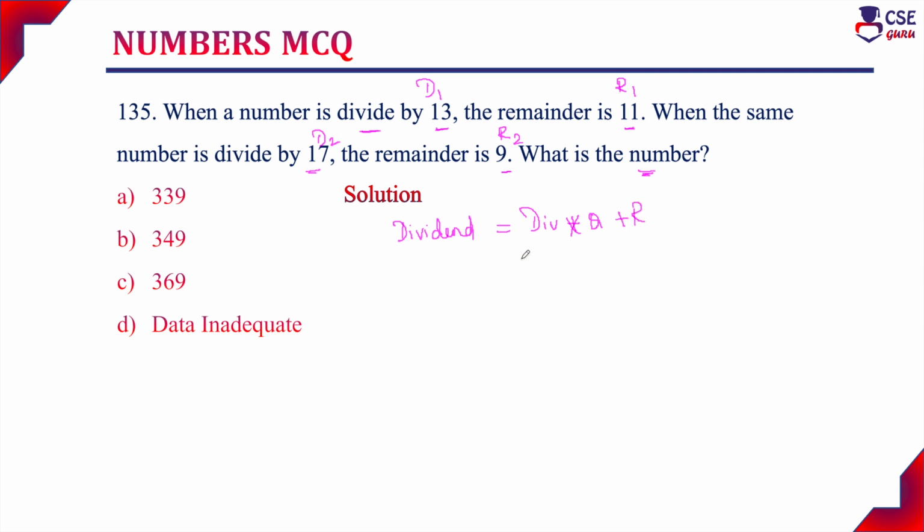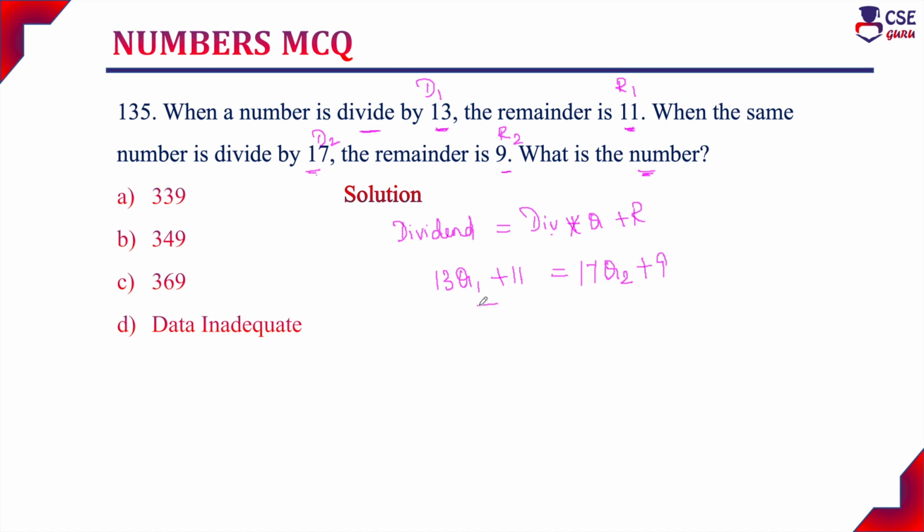Okay. So in both cases, in the first case this is divisor 1 and this is remainder 1. So 13q1 plus 11 is equal to, we will equate both the equations, then we will find the answer. So this one we will consider as 17q2 plus 9.